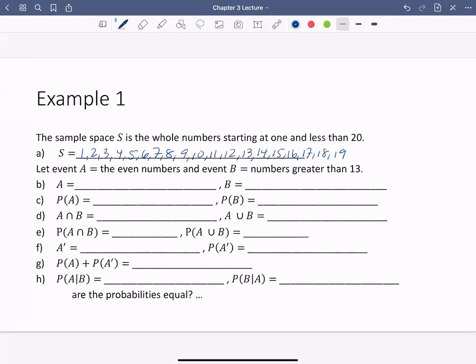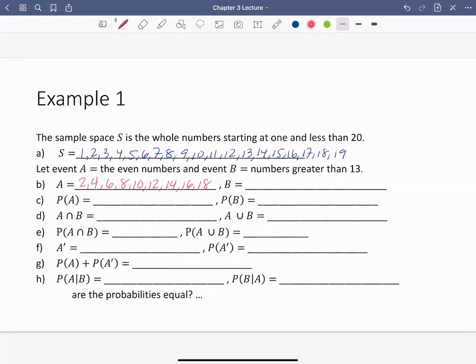So next it says let event A be the even numbers and event B equal to the numbers greater than 13. So if A is the even numbers, 1 through 19, we're going to list those out. So we have 2, 4, 6, 8, 10, 12, 14, 16, and 18.